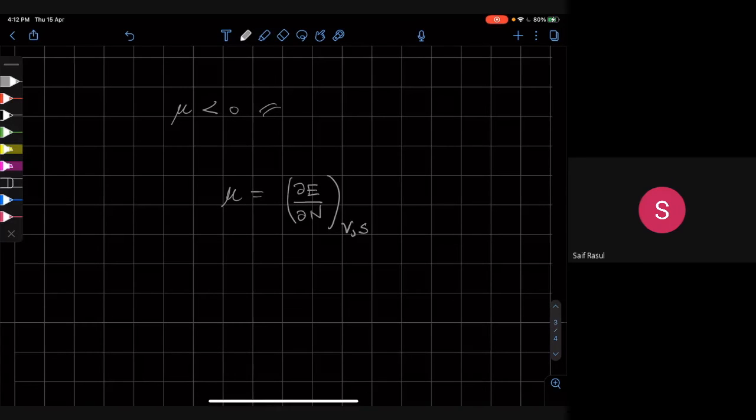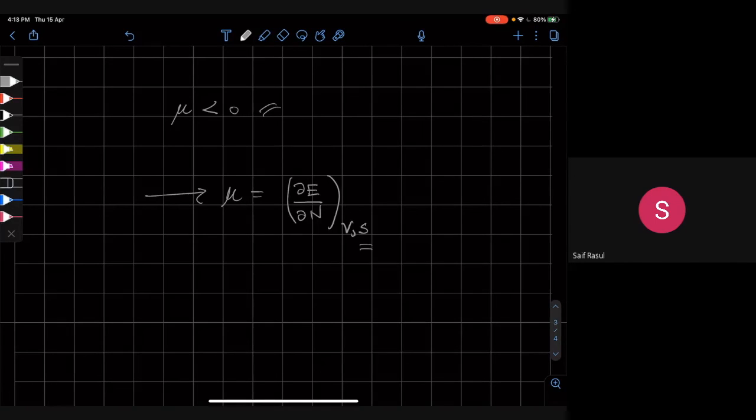Well, to see this, what we have to note about the definition of the chemical potential is that it's defined at constant entropy. So if we were just adding a gas molecule without keeping the entropy constant, then we would add more ways of increasing configurations.